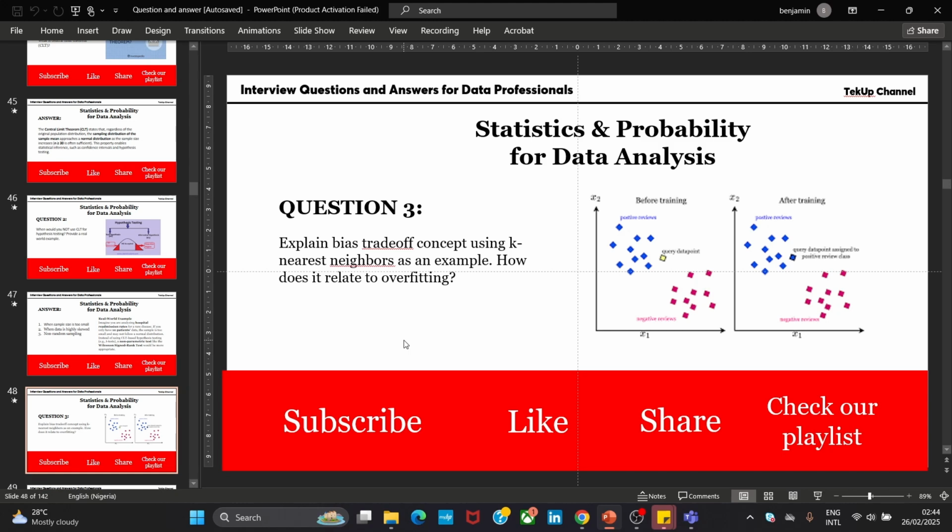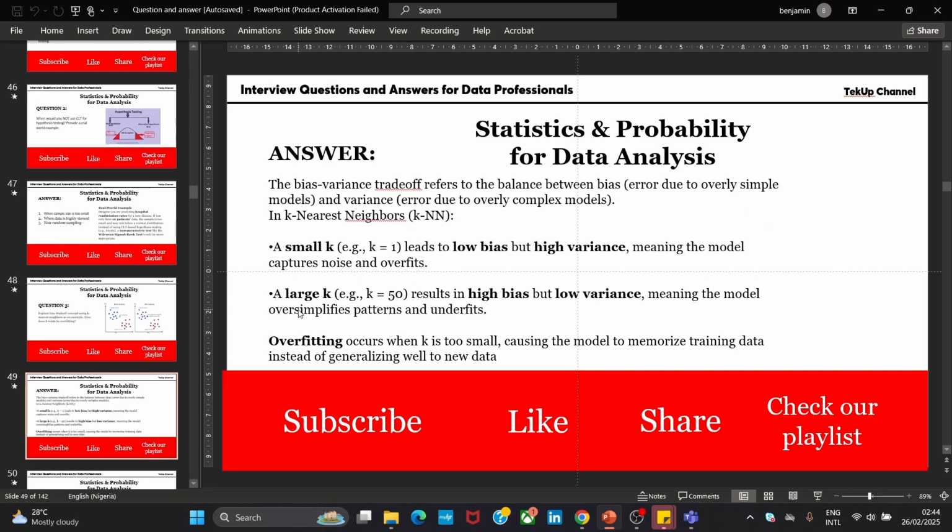Now let's go ahead and look at the answer to this question. Bias variance trade-off refers to the balance between bias, error due to overly simple models, and variance, error due to overly complex models. In k-nearest neighbor, a small k, for example k equals 1, leads to low bias but high variance, meaning the model captures noise and overfits.